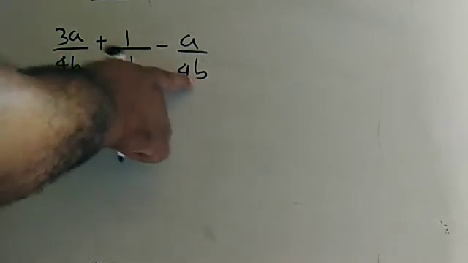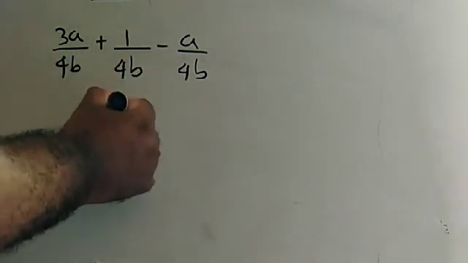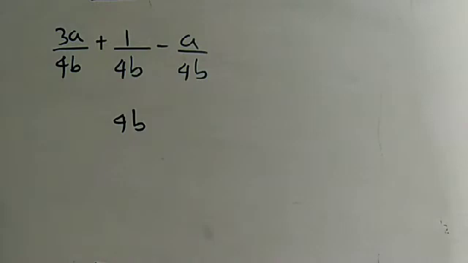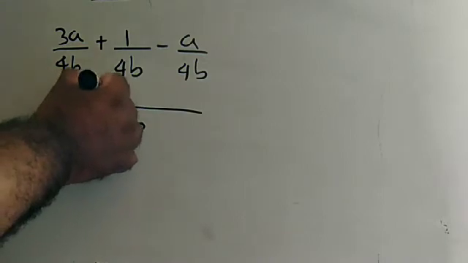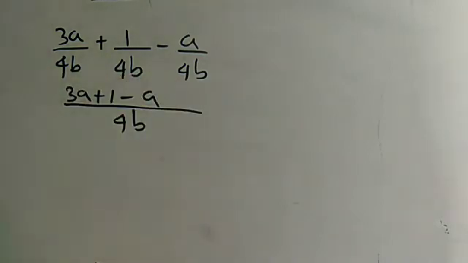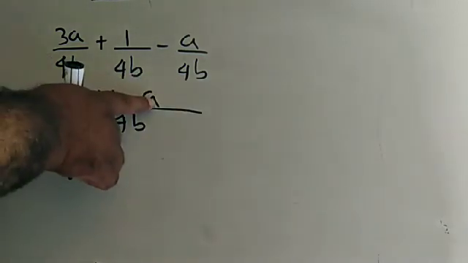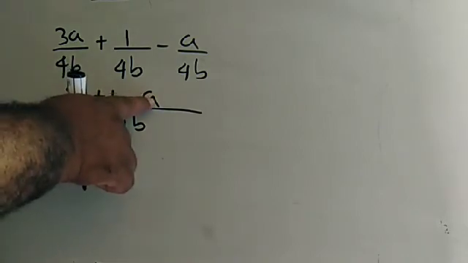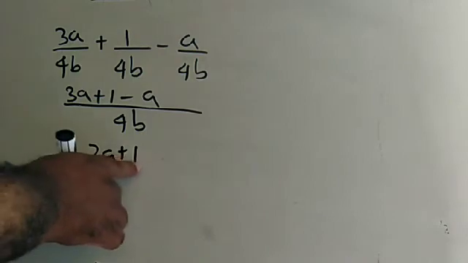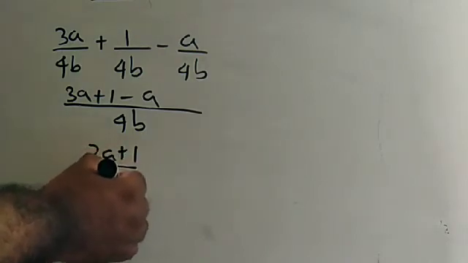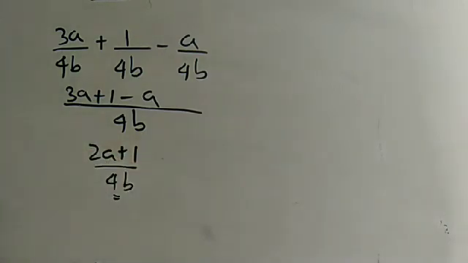Equal denominators, no? 4b is common. Now you can simplify the numerators: 3a plus 1 minus a. Now 3a and a are like terms. 3a minus 1a, 2a. Here plus 1 is an unlike term. So (2a + 1) upon 4b. This is the final answer. Right, another one.